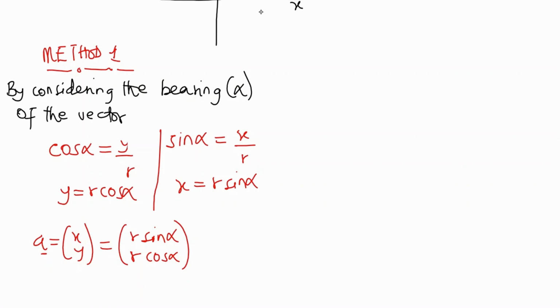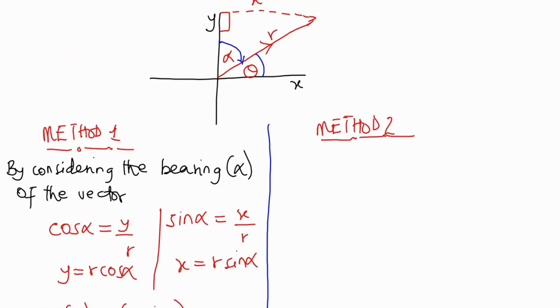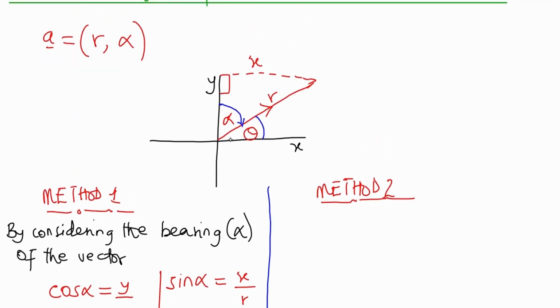Now let's look at method 2. So you write here method 2. In method 2, we are saying that we are going to consider the angle the vector makes with the x-axis.